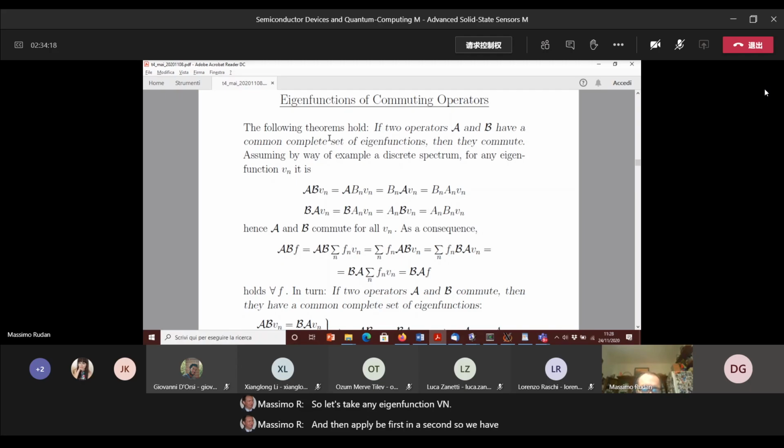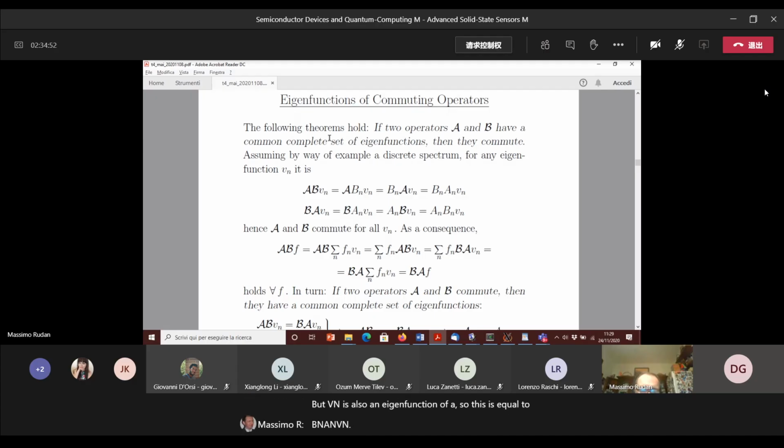So we have A B Vn. Vn is an eigenfunction of B, so B applied onto Vn gives the eigenvalue Bn times Vn. The eigenvalue is a number, so we can place it to the left. We have Bn A Vn. But Vn is also an eigenfunction of A, so this is equal to Bn An Vn.